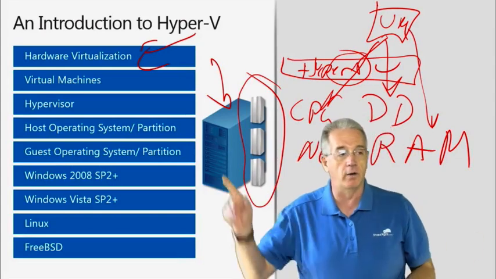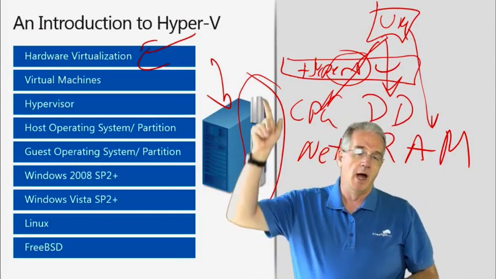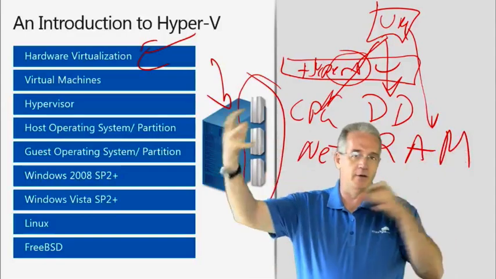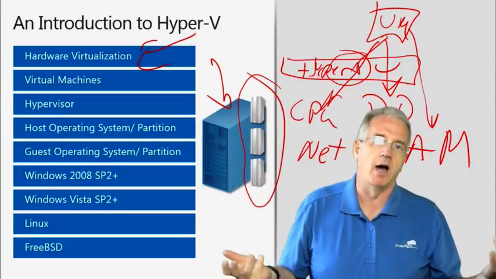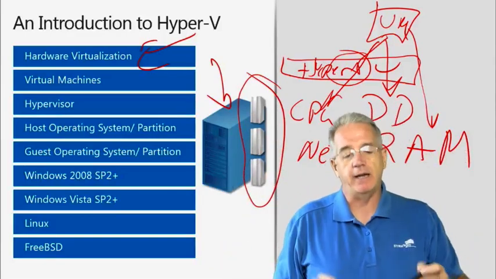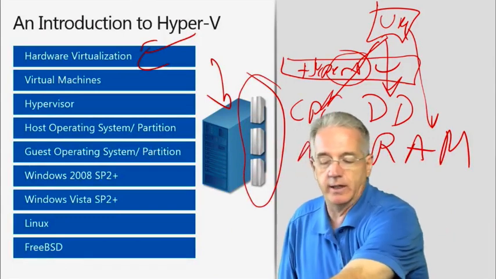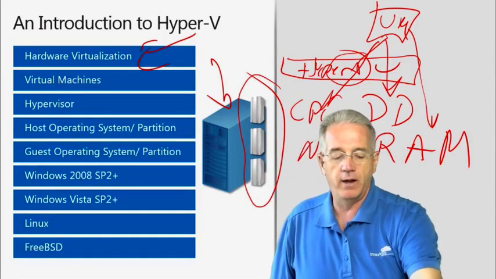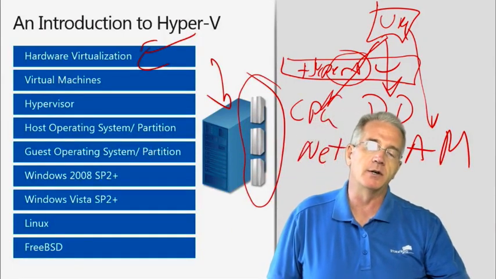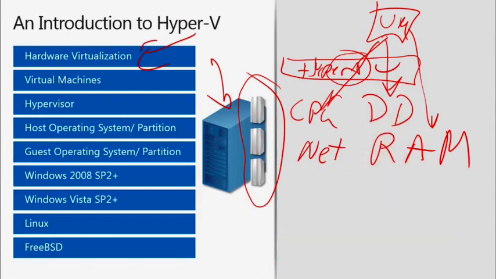Now, of course, you are going to have a host operating system that's running on the physical machine that handles all of this stuff, but each of these virtual machines is going to have its own environment where they will have their own operating system, their own service packs, their own updates, everything. And it's going to act and seem just like it's its own machine. It just happens to be on a shared physical platform.